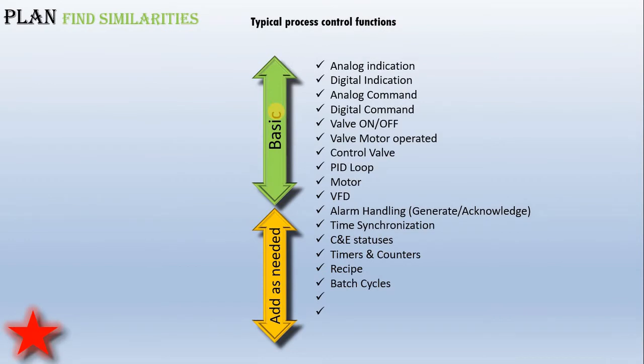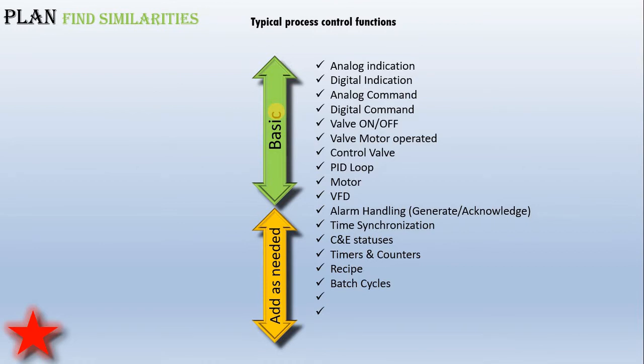We're still in the planning. We said that we try to find a way to make one item which can serve many purposes, which means we need to go with a cookie cutter approach. So you look at your P&ID and see how many analog indications only you transfer between the systems.